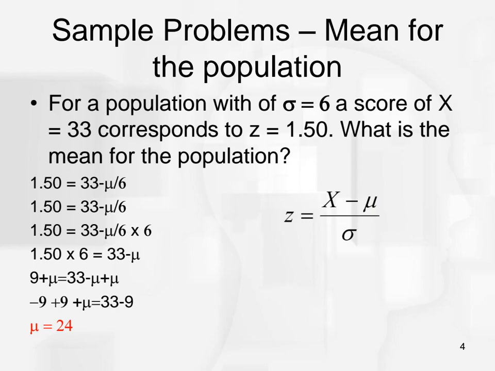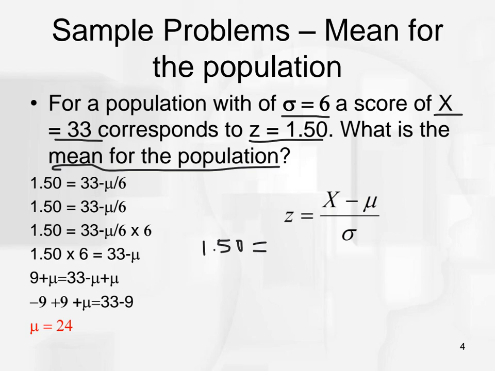So the next problem is going to ask us, what is the mean here for the population? And again, we have 3 pieces of information, because as we discussed, we need to always have 3 pieces of information. So we know that we have 1.50 for our z.